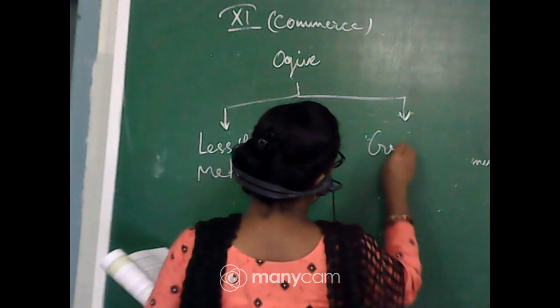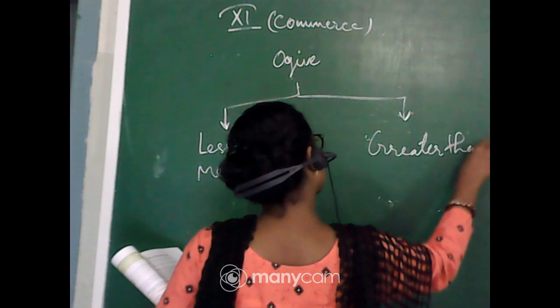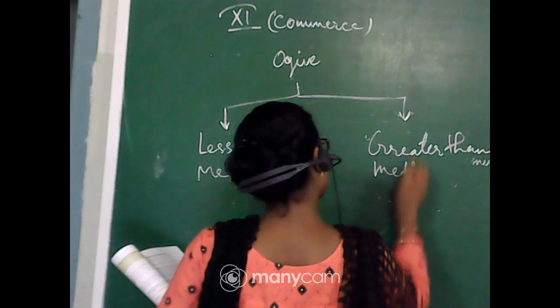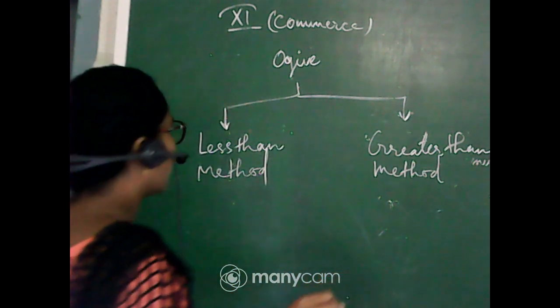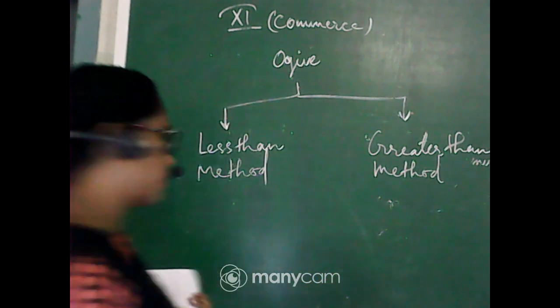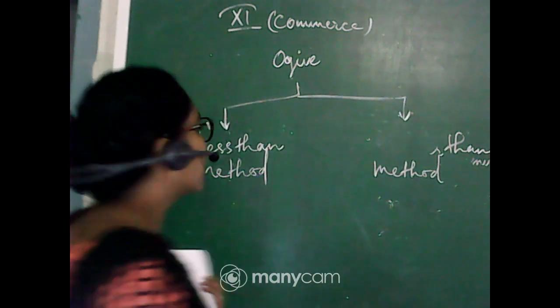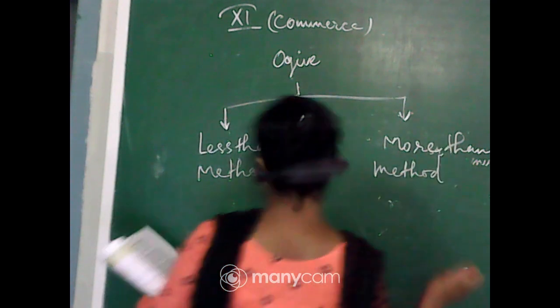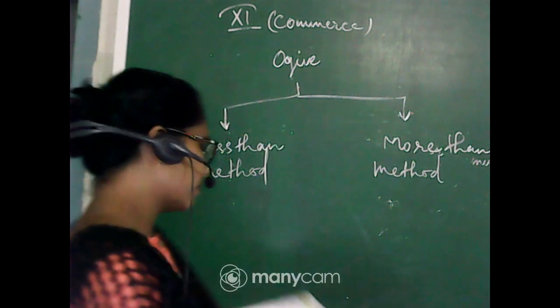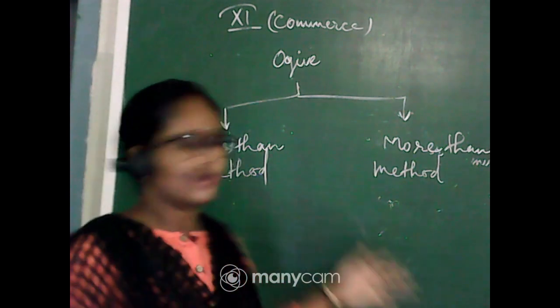Another is the greater than method, or more than method. Here we use the more than method. And this is also called the less than ogive and the more than ogive.